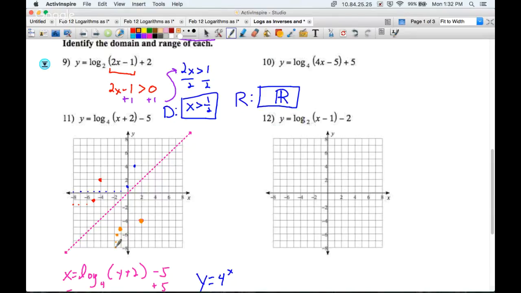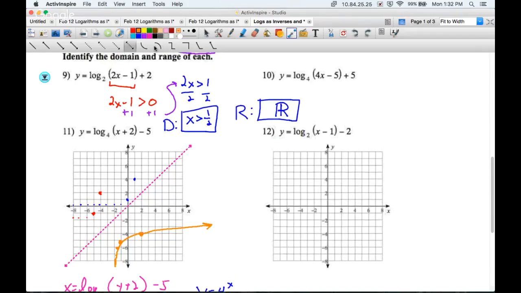All right, so here is our actual logarithmic graph. Goes up like that, and let's add in a dotted line for its vertical asymptote. Right there, let me do a different color, green. There's the vertical asymptote for this graph, located at x equals -2.